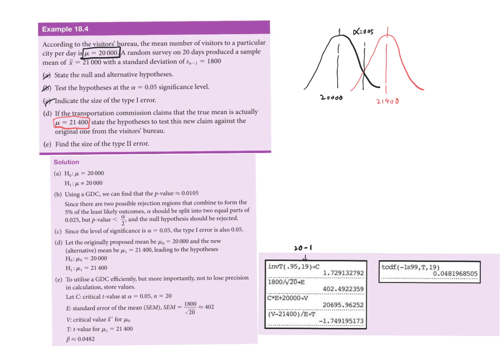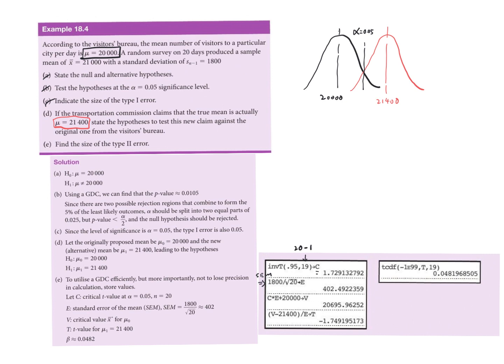Then we store the variable C with the T statistic. For the second part, we find the SEM, the standard error of the margin, which helps us find the critical value.